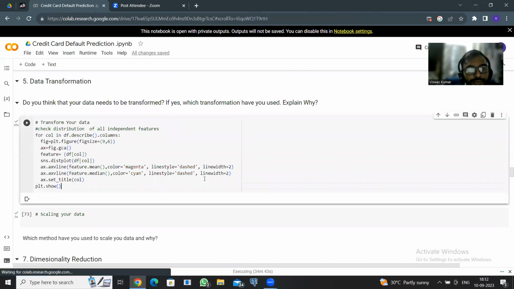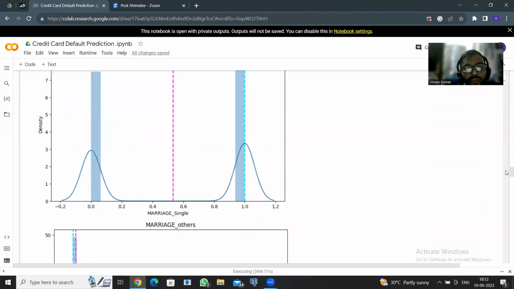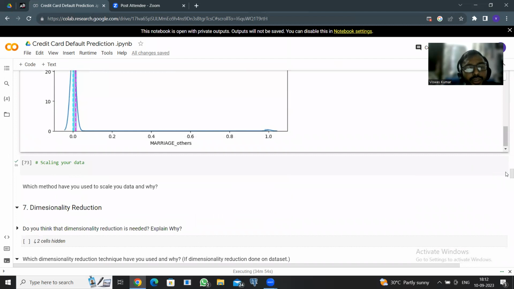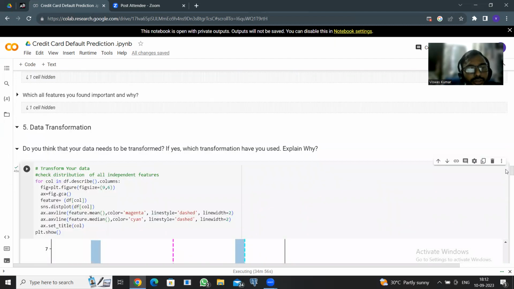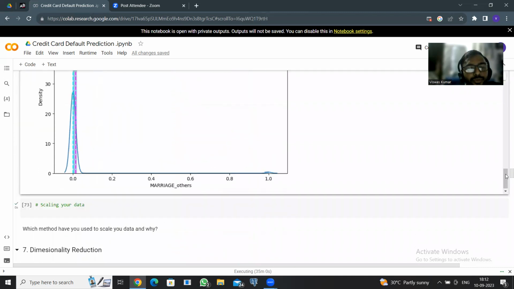Everything in our data frame is normally distributed, so we don't need to change the dimensionality, and we don't need to do any data transformation.